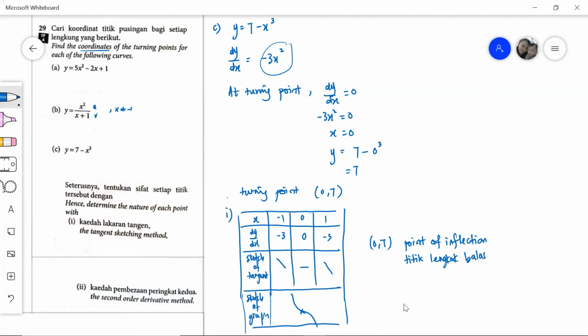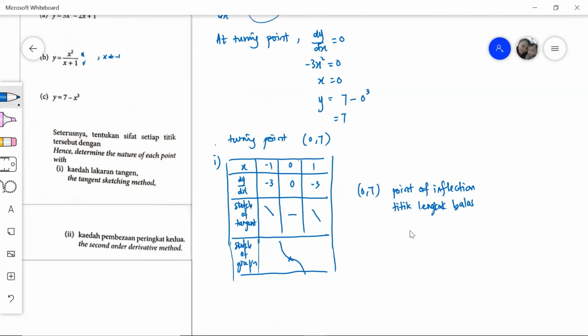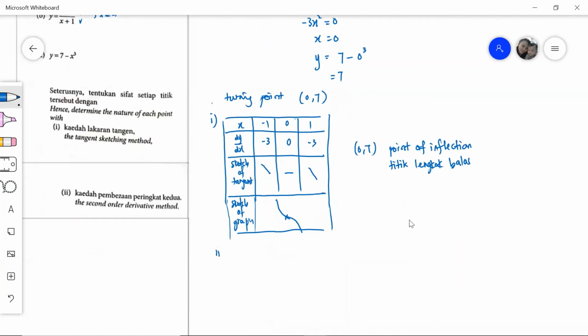What about if I use the second order derivative? What will we get? Okay, so part 2. Now we know that dy/dx is negative 3x squared. So if I continue to differentiate one more time, I will have negative 6x. So when x equals 0, my second order derivative is also 0.